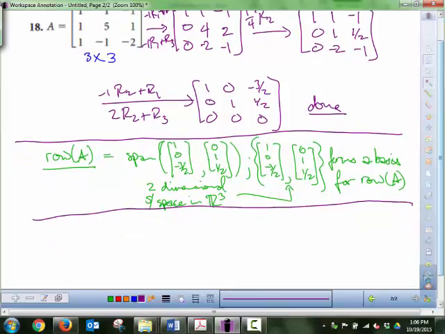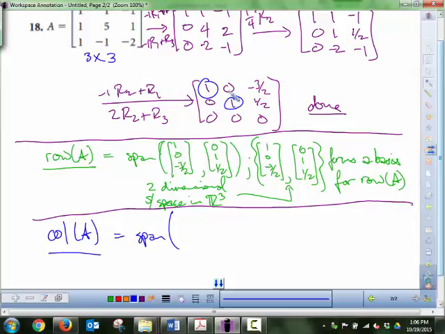Column space. For the column space, what you need to do is identify the leading ones in each row.